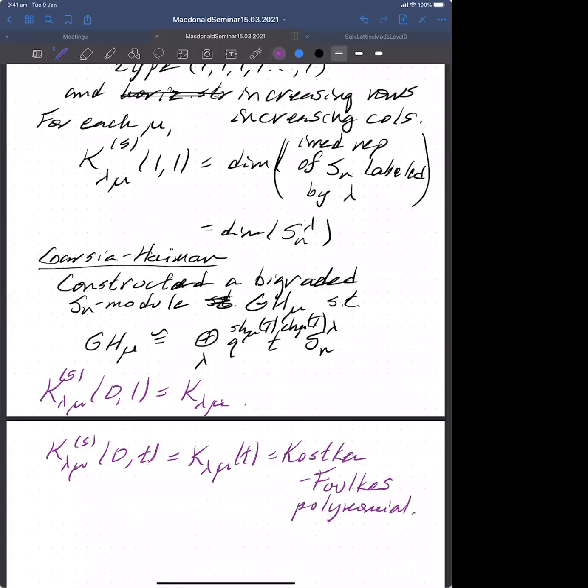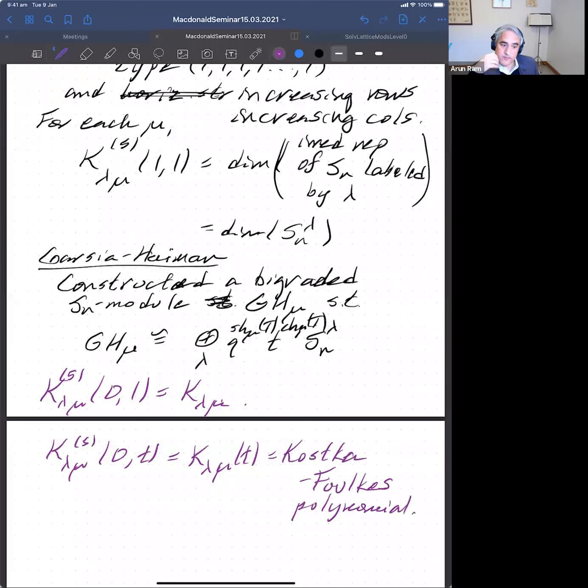So do the others also give me Kostka-Foulkes polynomial at that specialization? I don't know. I don't see any reason why they should, but on the other hand, I don't see any reason it should be true either. But this fact is already proved by Macdonald. So this is definitely true. I just don't understand what's really causing it.